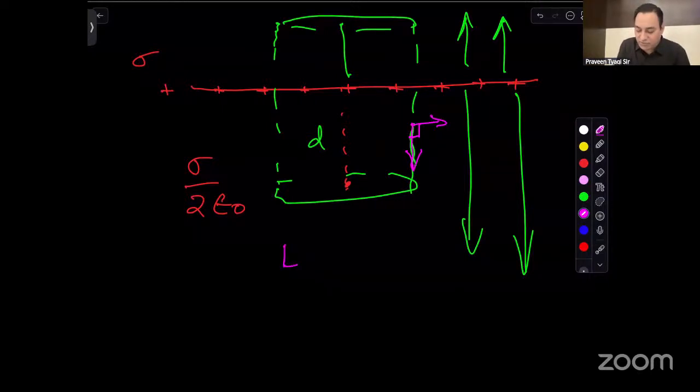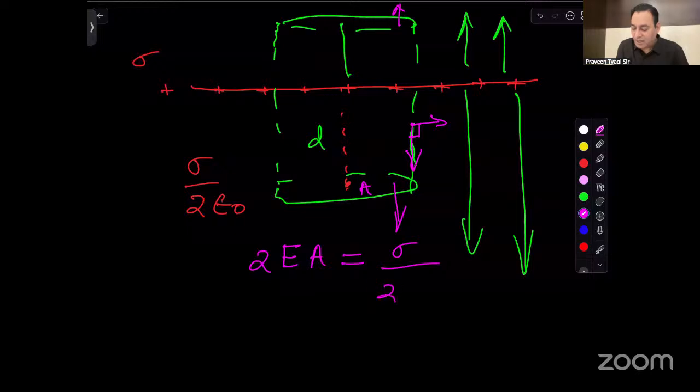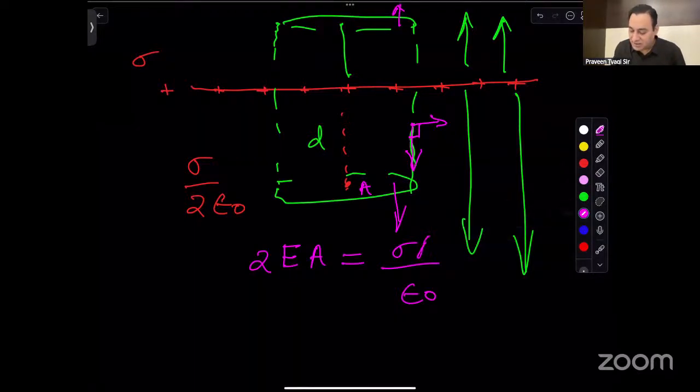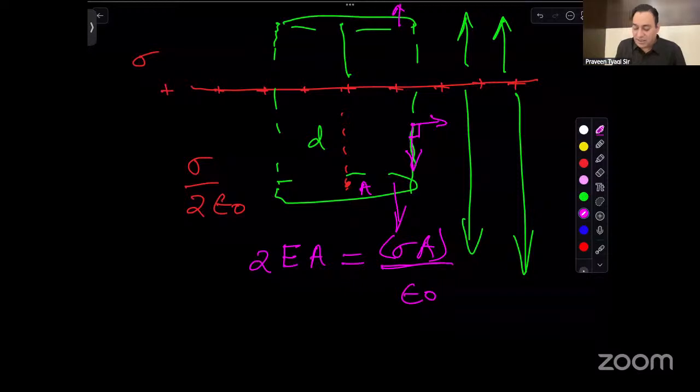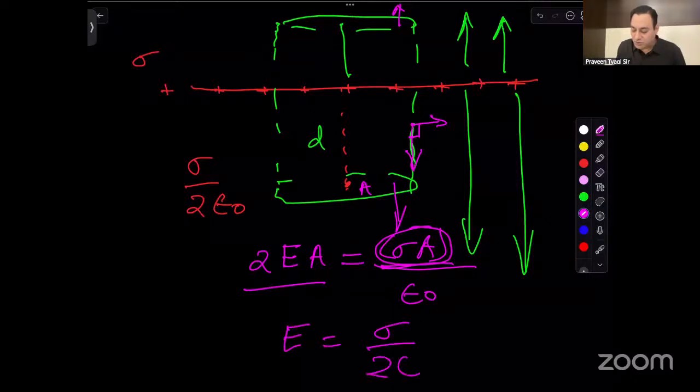E dot ds will be only for the lid, and E into A plus, similarly for this side you will have EA, E into A plus E into A, 2 EA will be equal to charge enclosed, sigma upon epsilon naught, sorry. Now, this is sigma into A. This is charge enclosed upon epsilon naught. Flux is equal to charge enclosed upon epsilon naught as per Gauss theorem, and the result comes E is equal to sigma upon 2 epsilon naught.